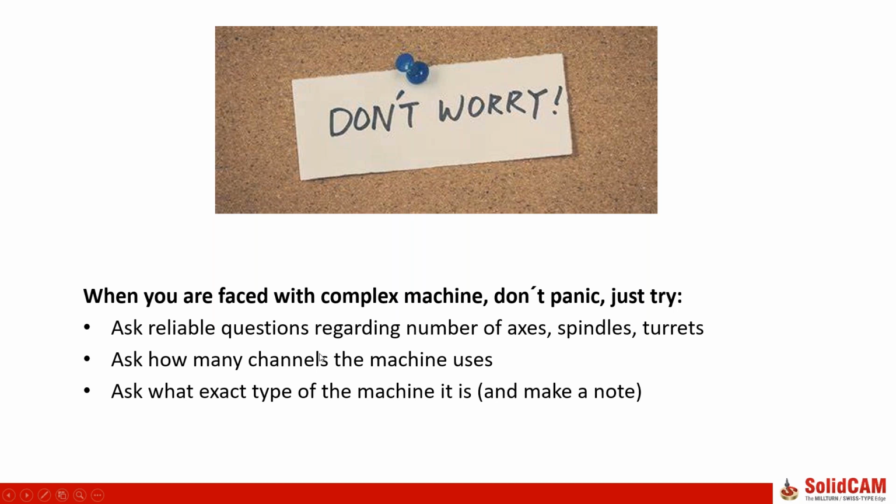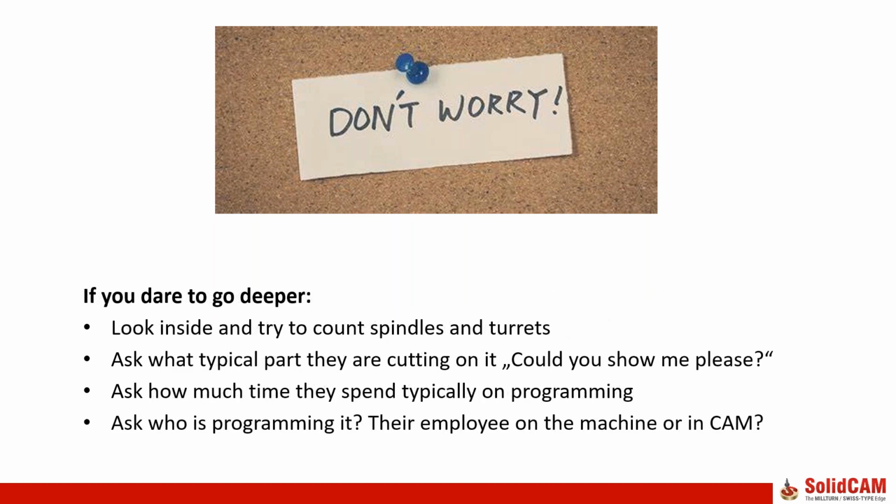There's nothing wrong asking a reliable question where they can understand that you are asking something you understand. You can count spindles and turrets yourself because now you know how it looks. But you can typically ask to show you the part they want to cut on it or they cut before.